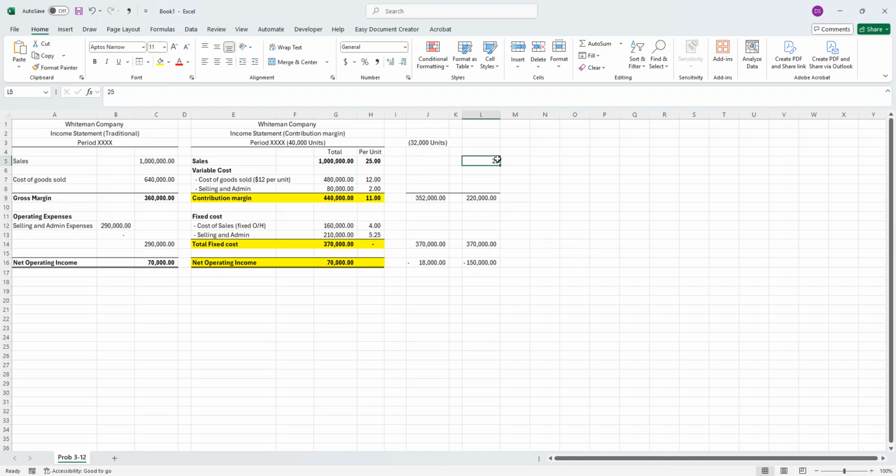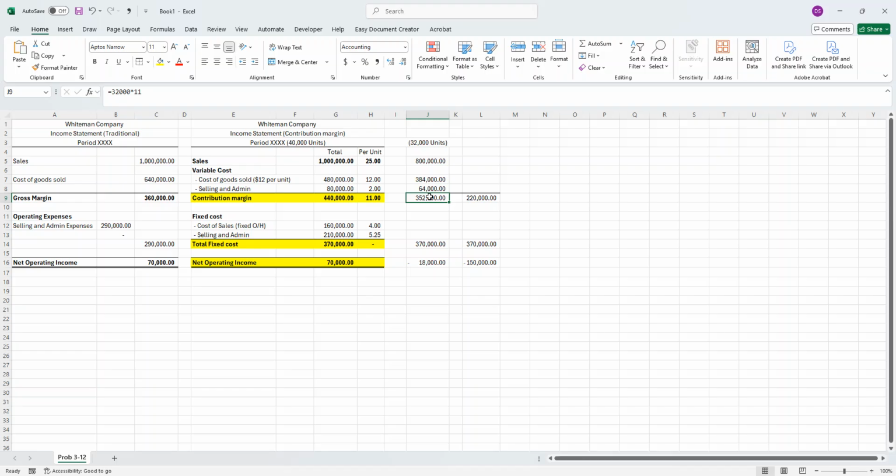So we don't need to list per unit, all we need to do is just take 25 times 32,000, because the variable cost per unit will remain the same. All we need to do is take that number and multiply by the new production or the new sales.